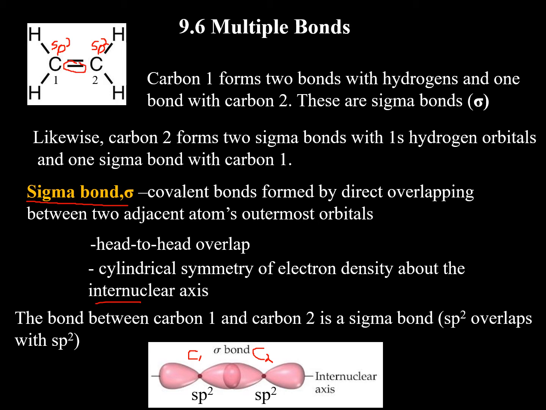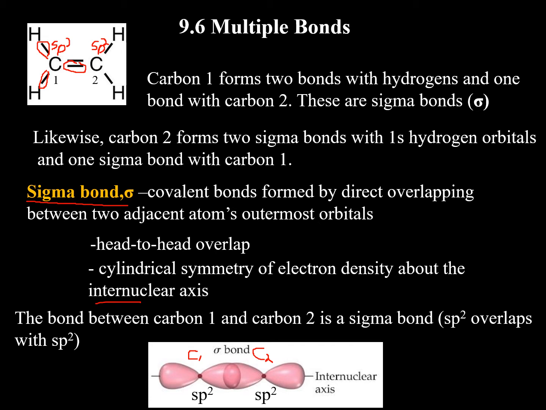There's also an sp2 orbital from the carbon overlapping with a 1s orbital from the hydrogen, and that also occurs on carbon 2.